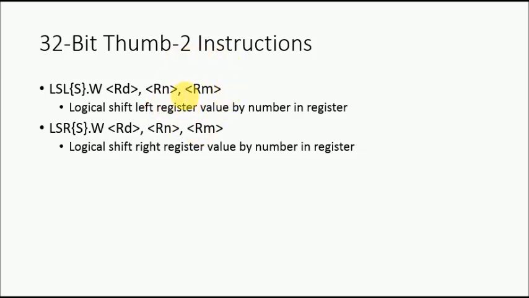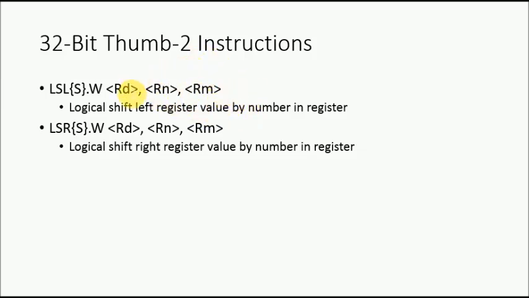So content of Rn is shifted to the left by the number specified in the register Rm, and the result will be transferred to the register Rd.